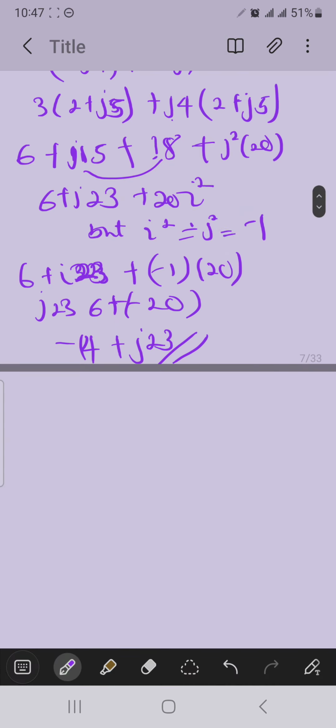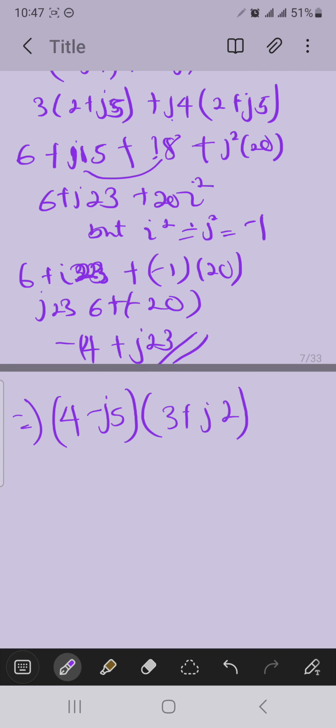So the next one, number 2, we have 4 minus j5 into bracket 3 plus j2. So this one will be 4 times both. 4 times 3 is what? 12 plus j8 minus j15. 3 times 5, 15, minus j square 10.